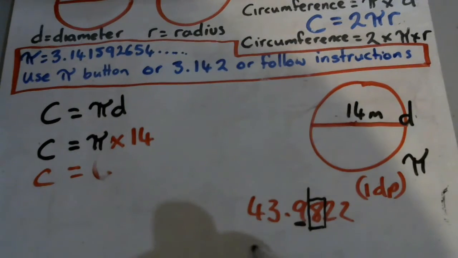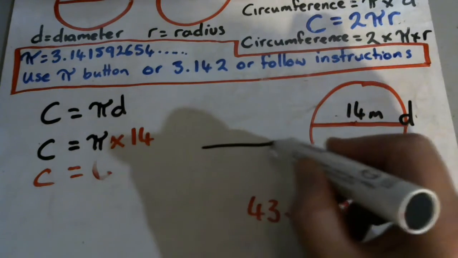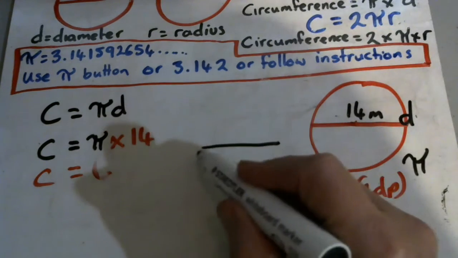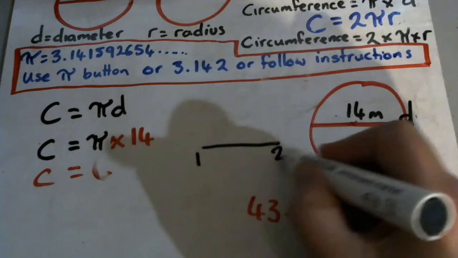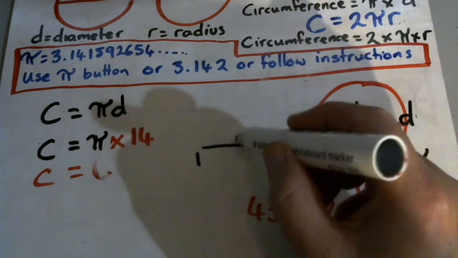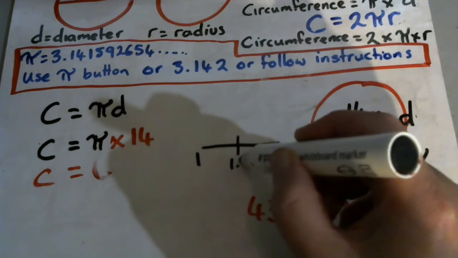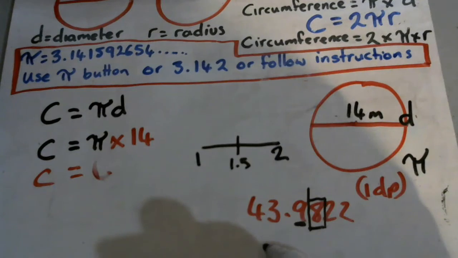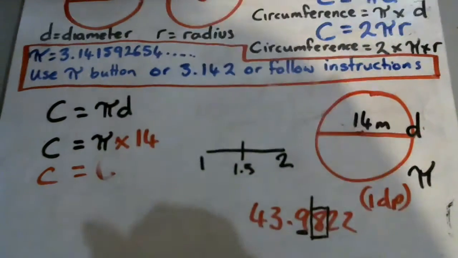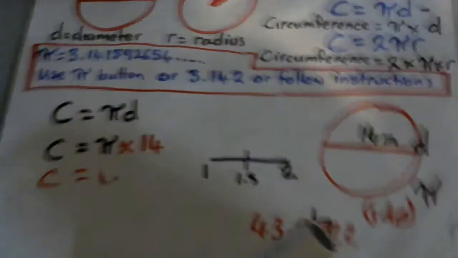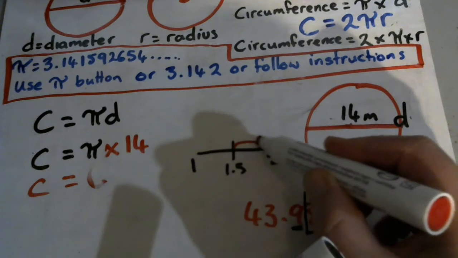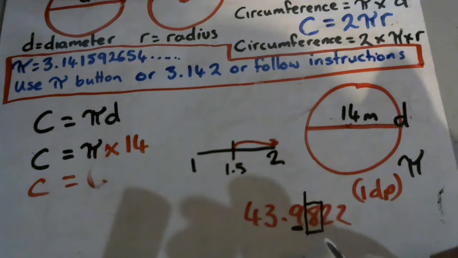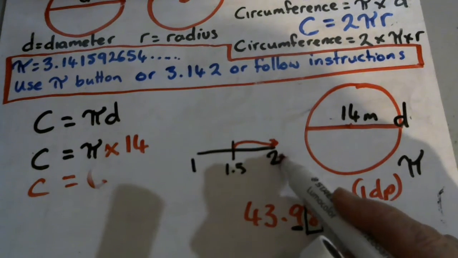Now if you think of things like a number line, if this was 1 and this was 2, this is 1.5, this is halfway along there. Now if you have 0.5 or more, it would get rounded up to the next one up.